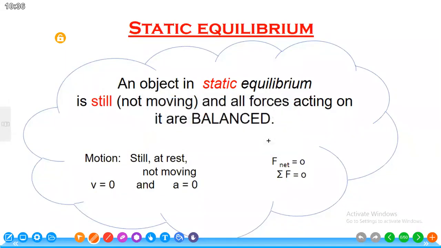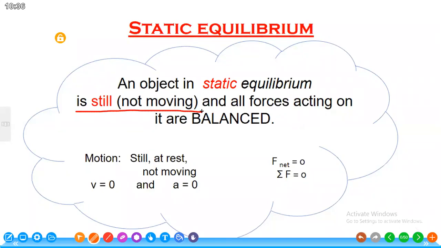Here you can notice the definition of static equilibrium. An object in static equilibrium is still, not moving, and all the forces acting on it are balanced.